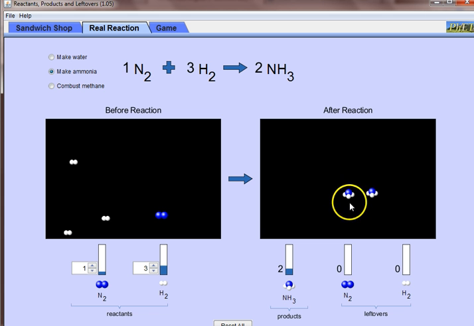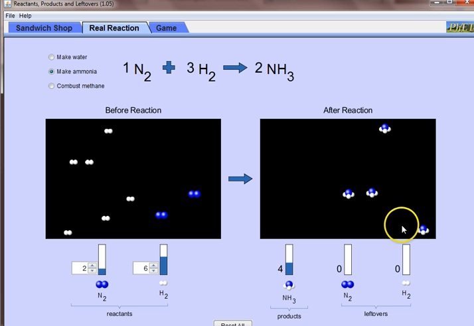Now we see that 2 molecules of ammonia are formed. Let's now choose 2 molecules of nitrogen and 6 molecules of hydrogen. So we increase the number of molecules from 1 to 2 for nitrogen, and for hydrogen we make it 6. So we are basically doubling the number of molecules on the left. What happens to the number of molecules on the right?